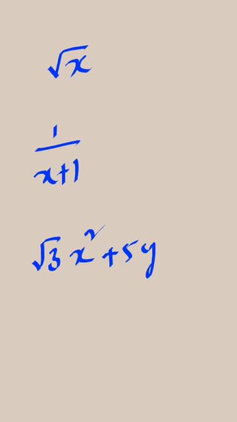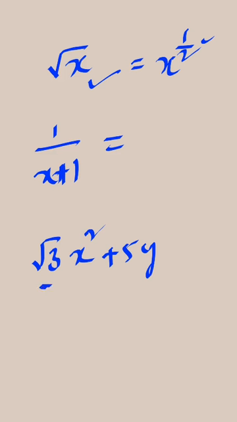Also you can observe here more algebraic expressions. Here root x is there. Root x is an algebraic expression but it's not a polynomial. Why? Because we can write it as x power 1 by 2. The power is a fraction, that's the reason it's not a polynomial. At the same time, if any variable is in the denominator, it's not a polynomial.